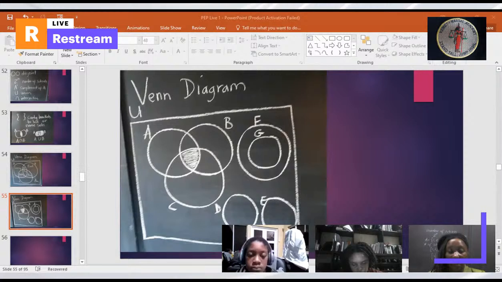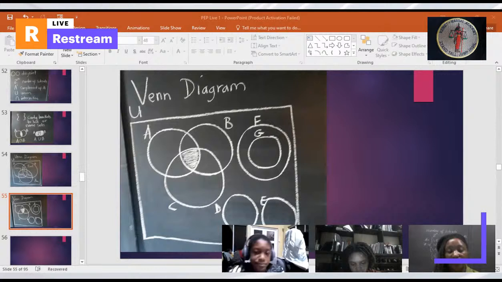So as we go along in sets, we're going to be finding the intersection if it's not given, or finding the union, or finding the number of elements in any section of the Venn diagram based on what we are given.